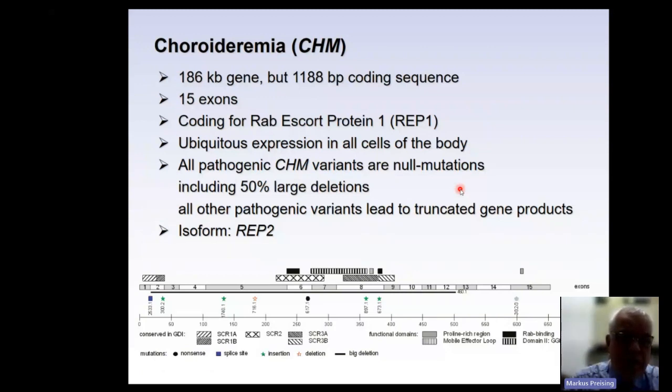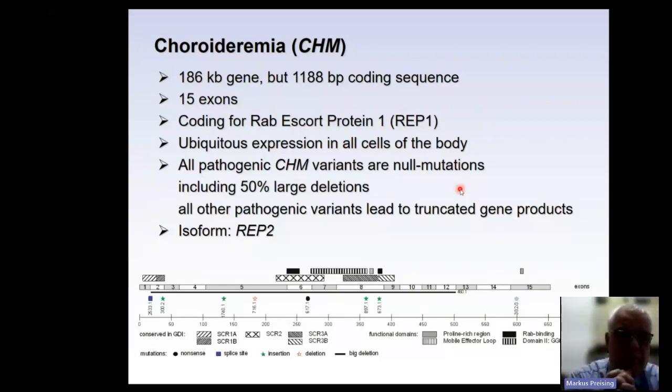So the few missense mutations reported in the choroideremia gene are generally not affecting the function of the gene. Together with the choroideremia gene, which was called the REP1 gene, there is an isoform, the REP2 gene, which is on chromosome 1 and which can cover the function of the REP1 gene, but not completely.